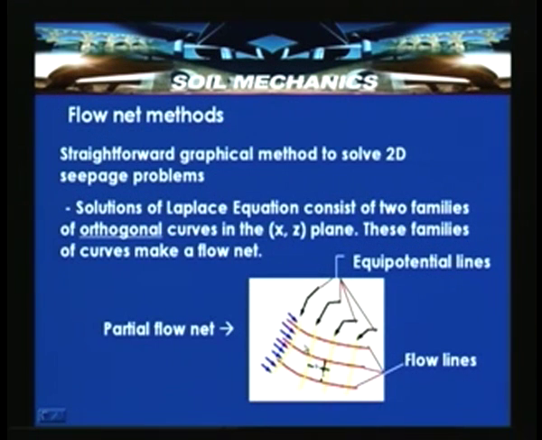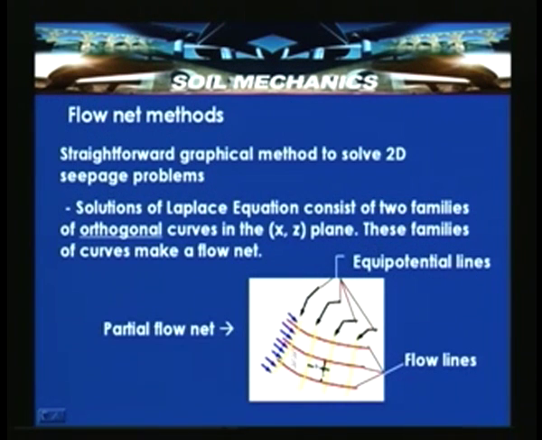Here we have discussed that a flow net is nothing but a family of two lines. One is called a flow line, and the other is called an equipotential line. We have shown a partial flow net here, which has different equipotential lines shown in yellow color, and this red one is the flow taking place through this.